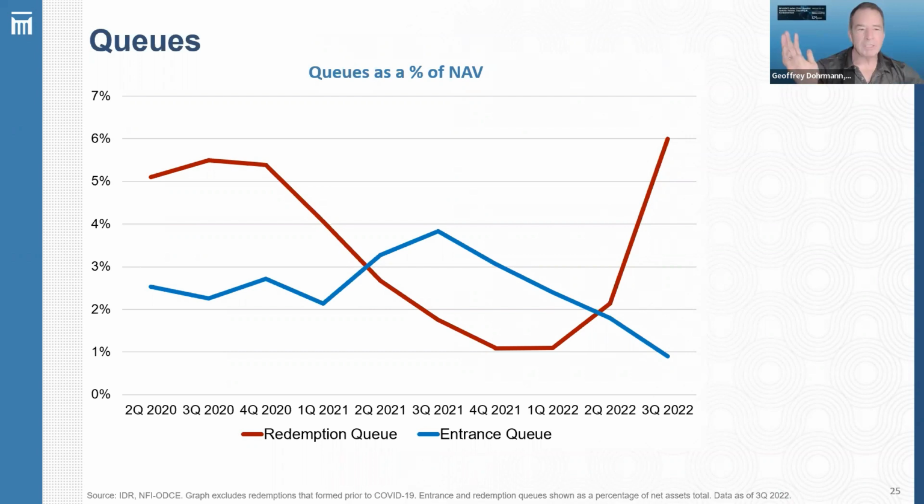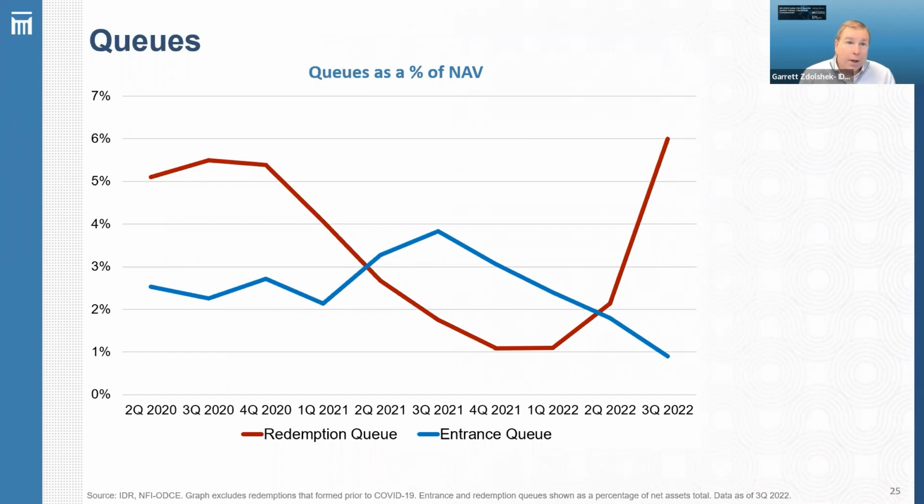And what was the redemption queue during the GFC as a comparison? During the GFC, it peaked over 15% of NAV, and it looked somewhat like this. You see how quickly it flip-flopped between redemption queue and entrance queue. In 2Q, 3Q of 21, the redemption queue went up to 15+%.